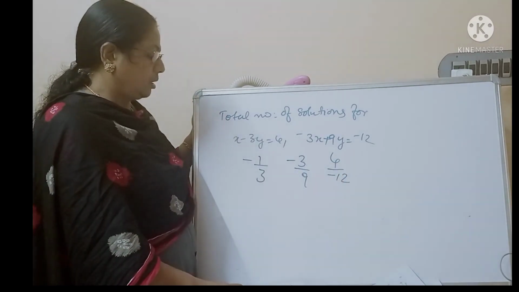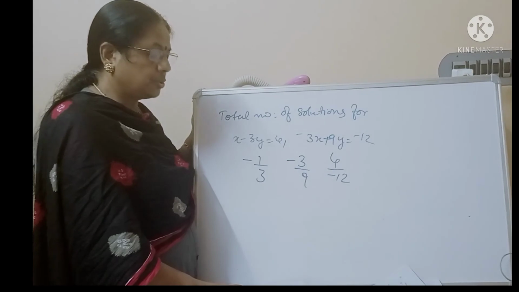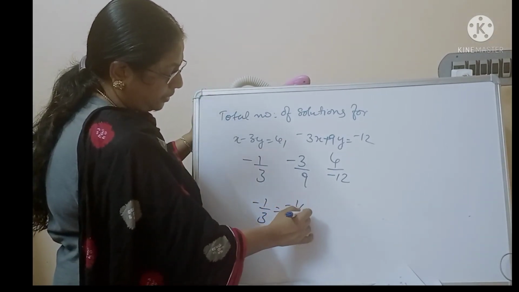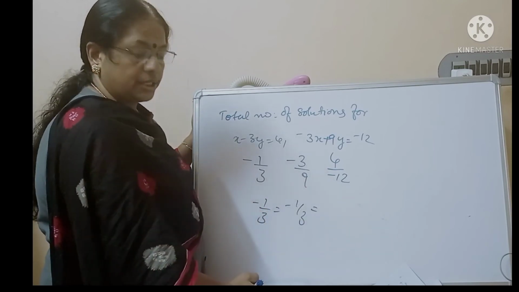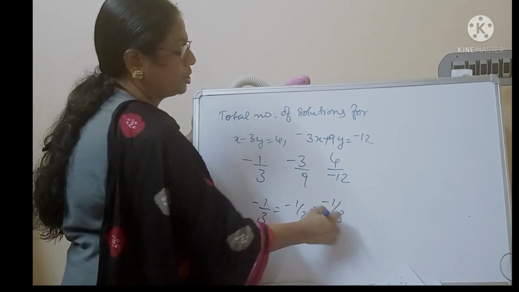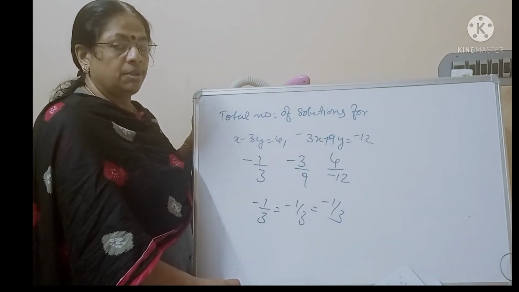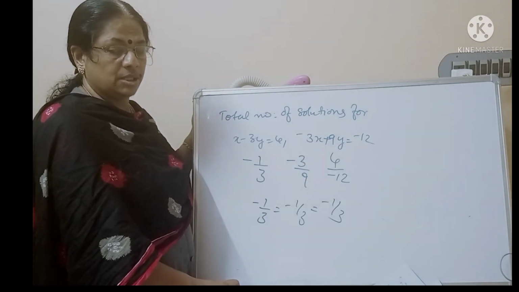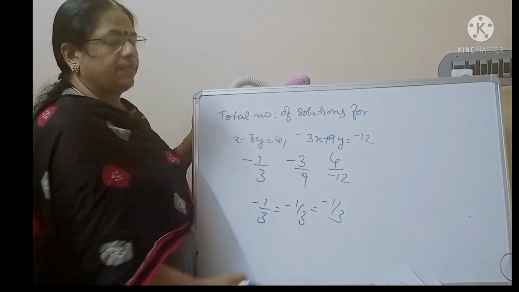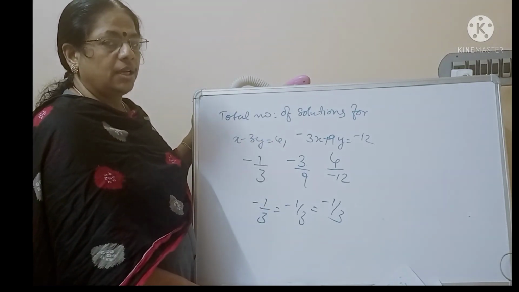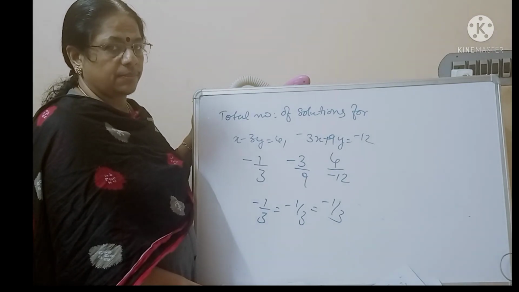So here negative 1 by 3, negative 3 by 9 is equal to 4 by negative 12, that also equal to negative 1 by 3. That means a1 by a2 equal to b1 by b2 equal to c1 by c2. That means these equations can have infinitely many solutions.